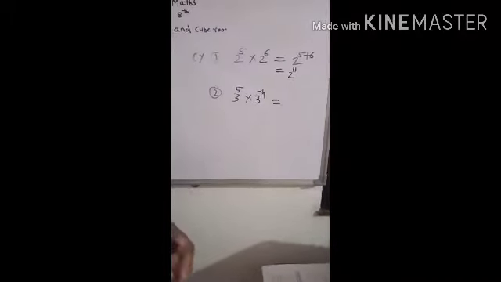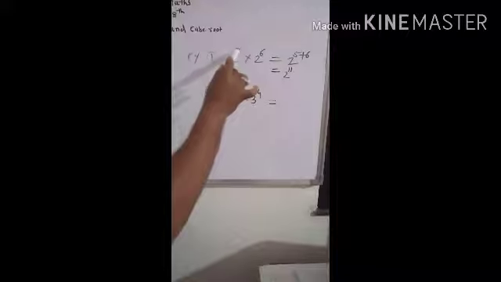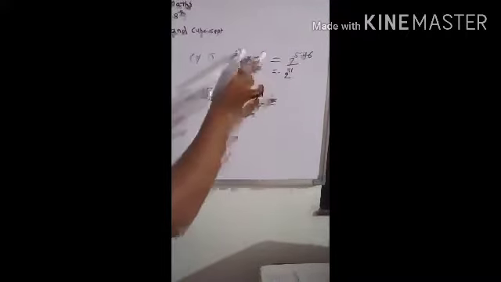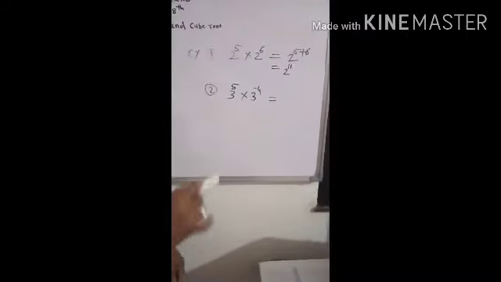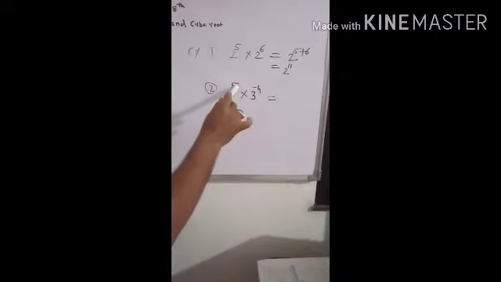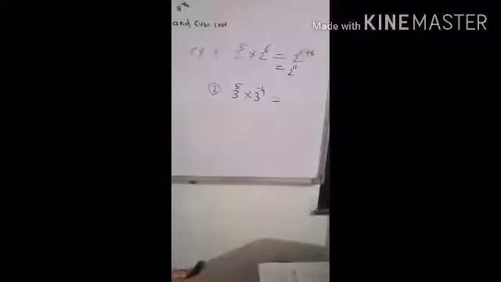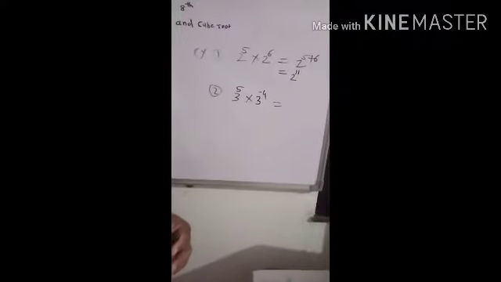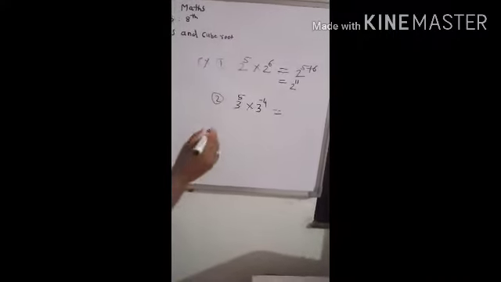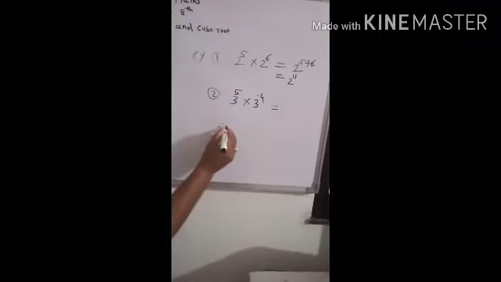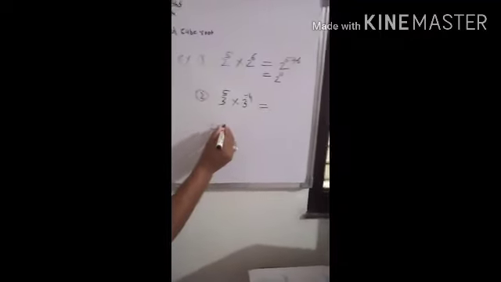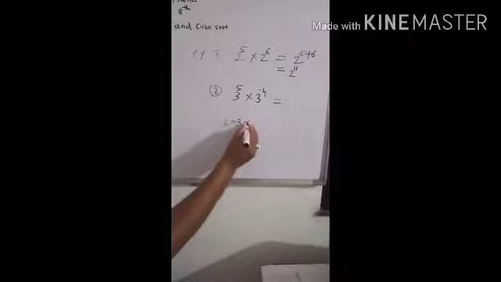But we can get confused. Why? We see here that both the indices are in positive form, but here the first number 5 is in positive form and the second number is in negative form. We know the rules of addition. When there is a 2 minus 3, we will get minus 1.